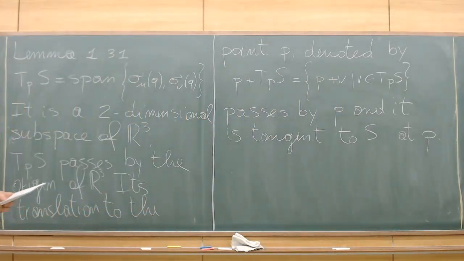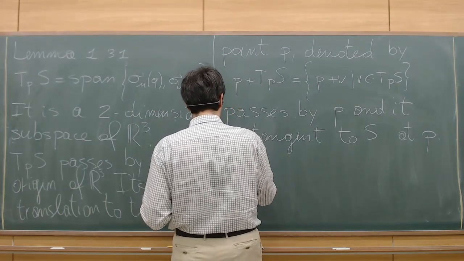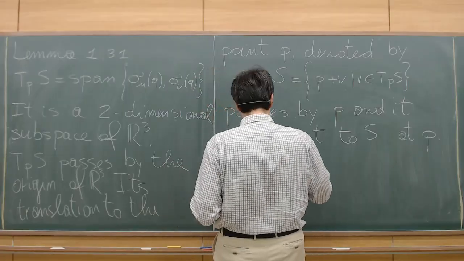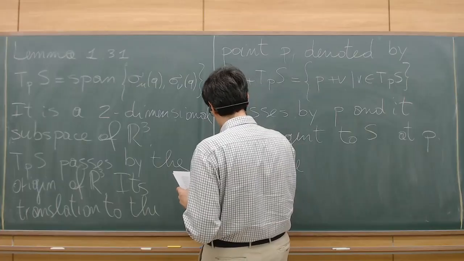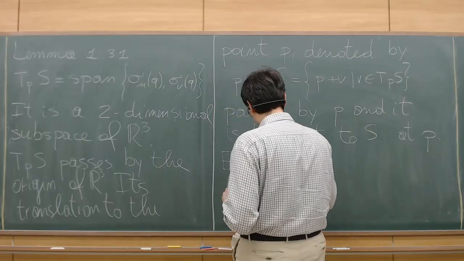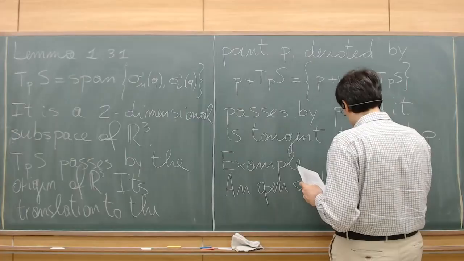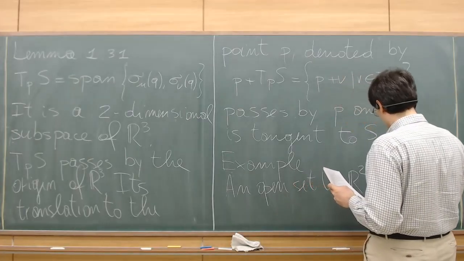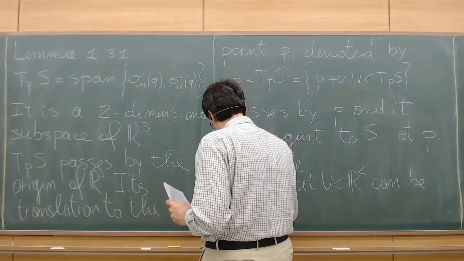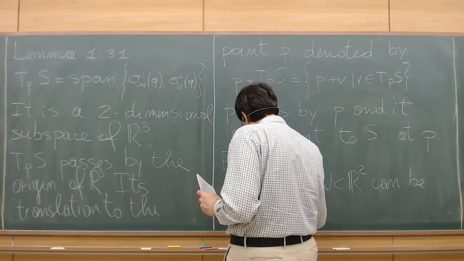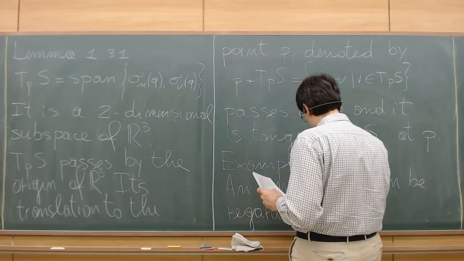Now let's see one simple example. It's very easy to check that an open set U of R2 can be regarded as a regular surface.